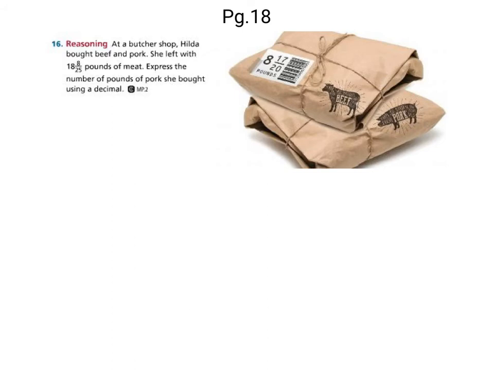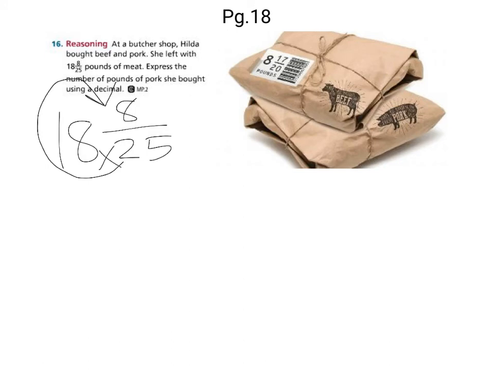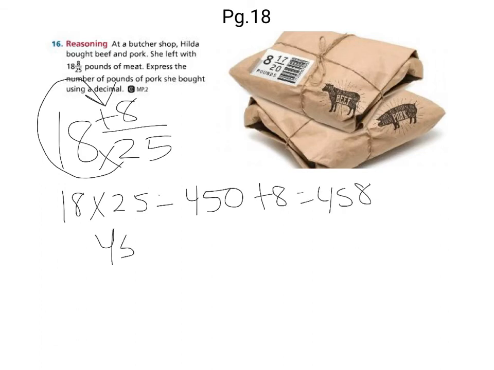So if we have 18 8/25, we do the backward C. So 18 times 25 is what we're doing first. It's 450 plus 8 is 458. So 458 over 25 is 18.32.